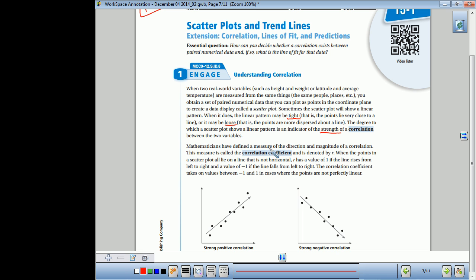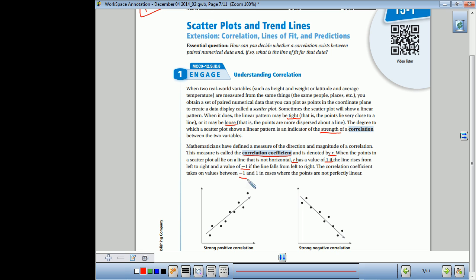Mathematicians have defined a measure of direction and magnitude for the correlation. This is called the correlation coefficient, and the correlation coefficient is denoted by the letter R. When the points on the scatter plot all lie on a line that is not horizontal, R has a value of 1 if it has a positive slope, if it rises from left to right, and a value of -1 if it has a negative slope, if it falls from left to right.